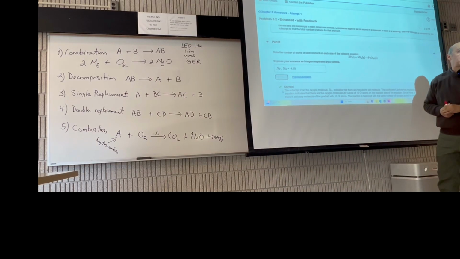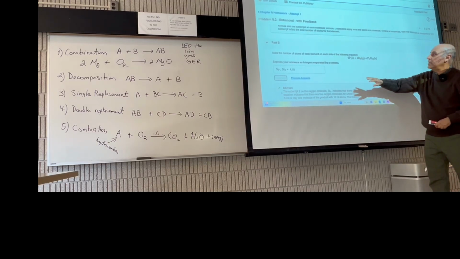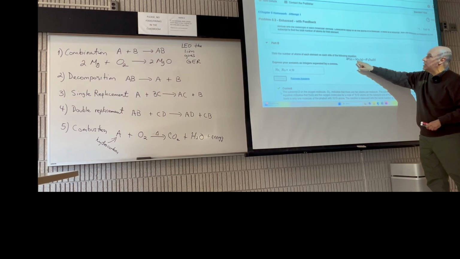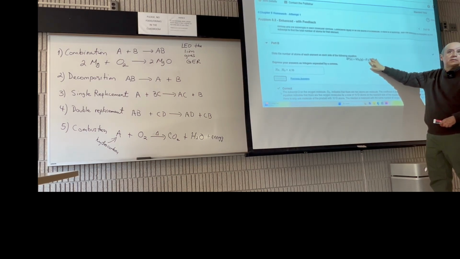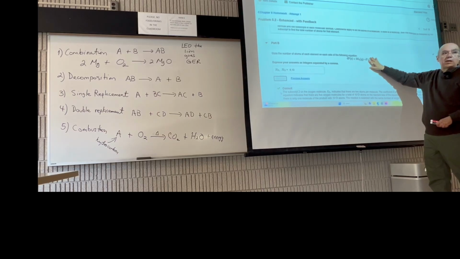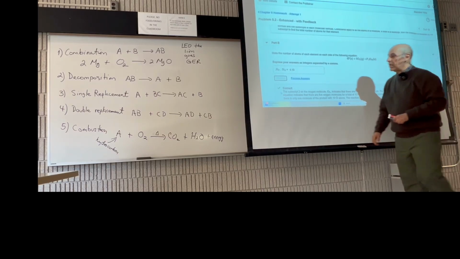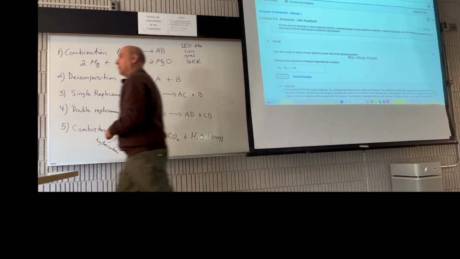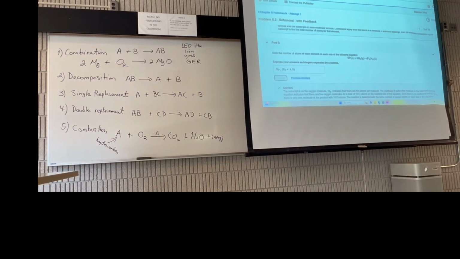So it's most likely a combination reaction. It doesn't look like anything else except combustion because it has oxygen, but there's no carbon dioxide and water on the right. If there's no carbon dioxide and water on the product side, it cannot be a combustion. So it is most likely a combination. Okay, so let's go to the next type of question.